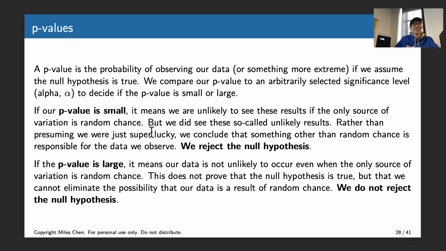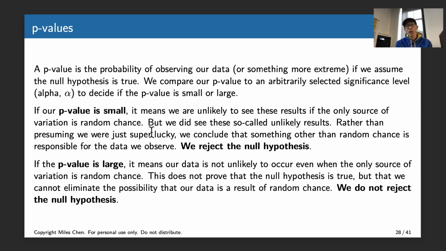It's kind of like a very unfortunate series of circumstances puts you at the wrong place at the wrong time, and it looks like you did something that you didn't do. That could happen. But usually the easier explanation is this null hypothesis isn't true, and that's how we're getting our data. So if the p-value is small, you reject the null hypothesis.